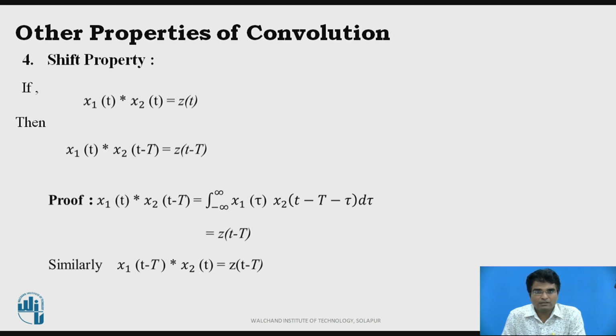Similarly, x1(t minus T) * x2(t) = z(t minus T), and x1(t minus T1) * x2(t minus T2) = z(t minus T1 minus T2).